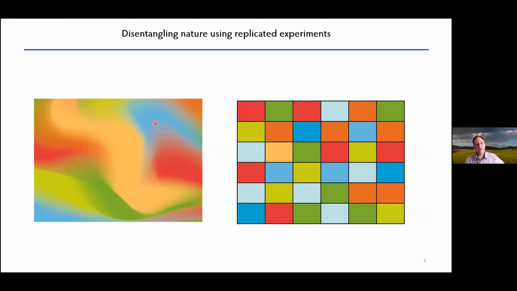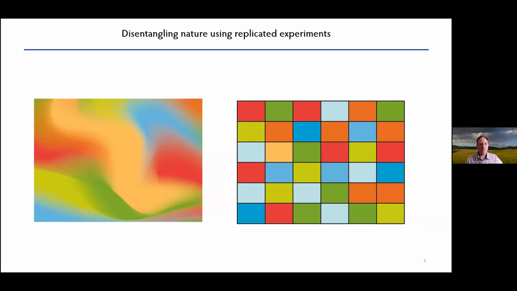And to disentangle that, as you may all be aware, a good way of disentangling that is to set up a replicated randomized experiment, as is often done in farming systems and agricultural research. And this is mainly what I will show you, but we'll come back to the landscape scale perspective at the end of the talk. I started off as a biologist, and I started off in grasslands.